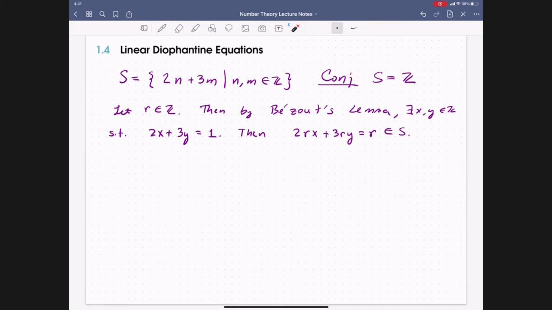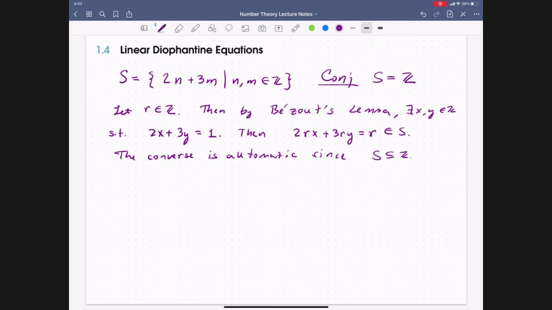And of course, if we chose an element in S, then that element is automatically going to be of the form 2n plus 3m. That's going to sum up to an integer, so the converse is automatic, since S is a subset of the integers.